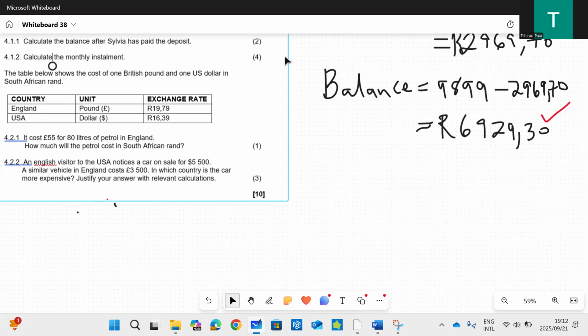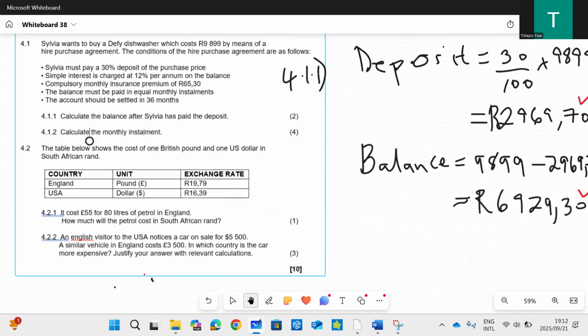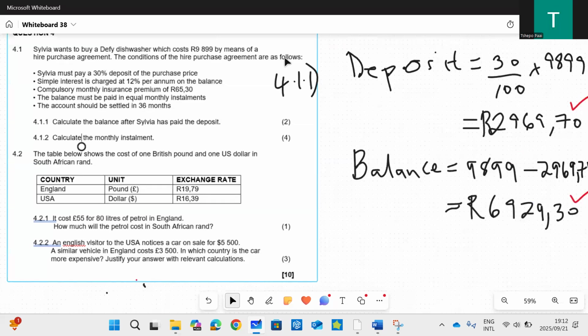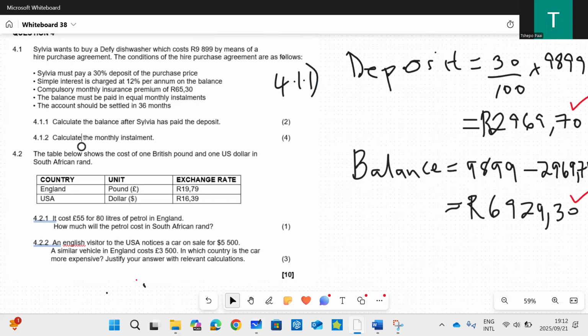R6,929.30. Now we need to know that this R6,929.30 is going to get interest on it for how many months? For 36 months. But because your interest rate, which is 12% per annum, is per annum, we must convert those months to years. 36 months will be 3 years.